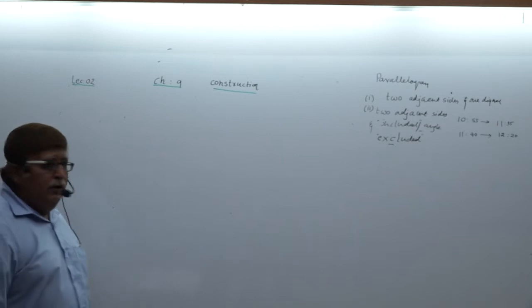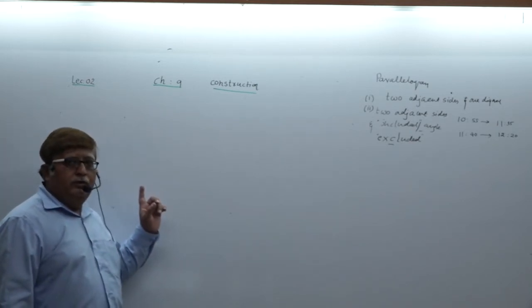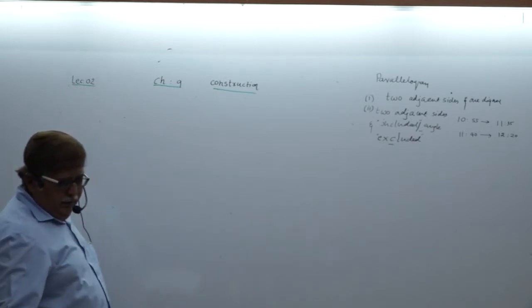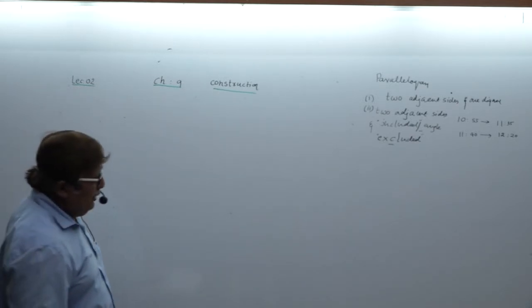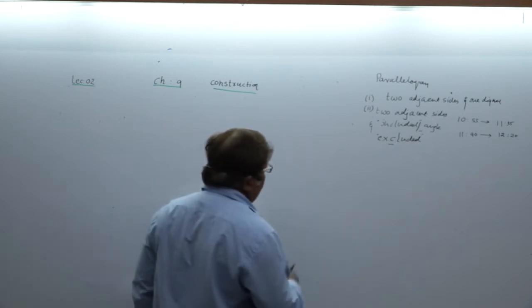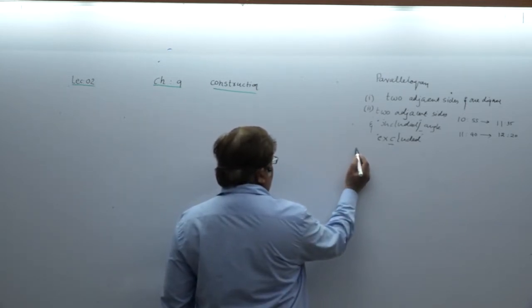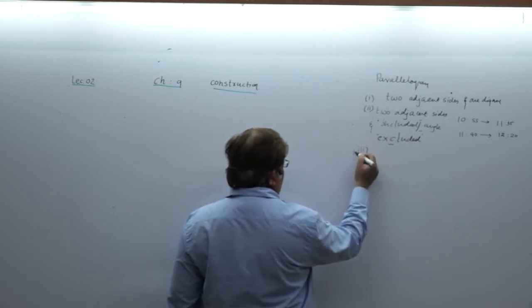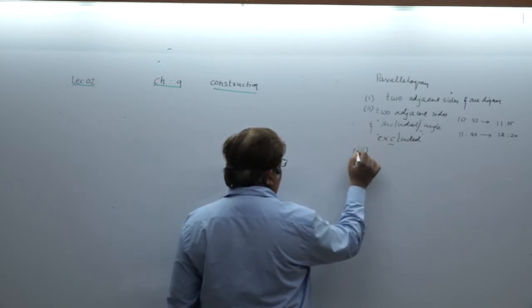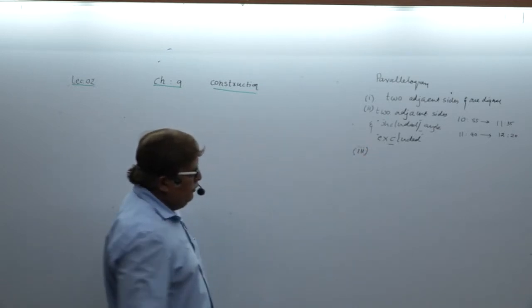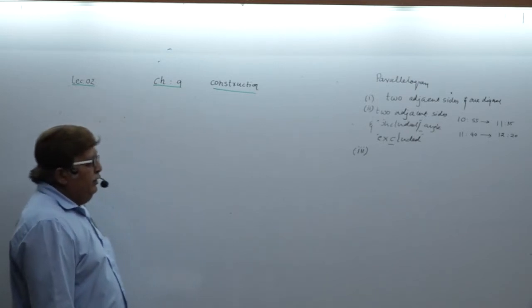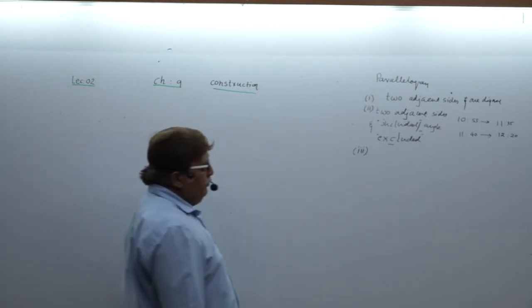Okay, so after completing this construction of parallelogram, now we are going to target type 3, where also you will construct parallelogram but under some different conditions. Understand what is that condition?